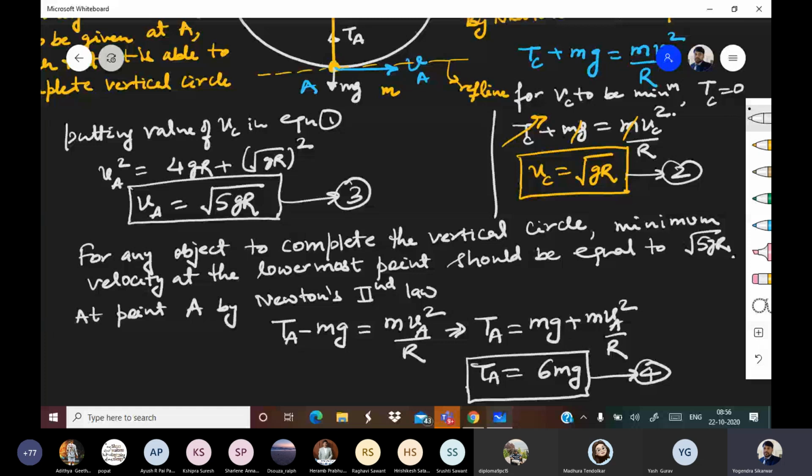Amod is saying root of 3 gR, Sakshi is saying root of 3 gR. Tension is equal to 4 mg. Aditya is saying root of 3 gR only. Amod is saying tension is equal to 4 mg. Sanika is saying velocity is equal to root 3 gR, tension is equal to 4 mg.